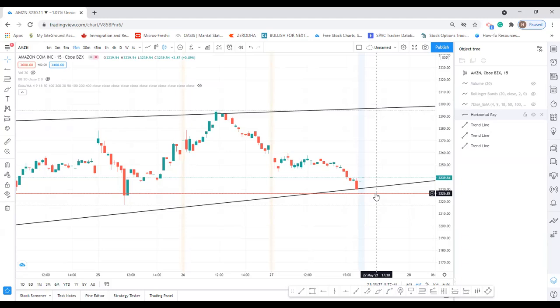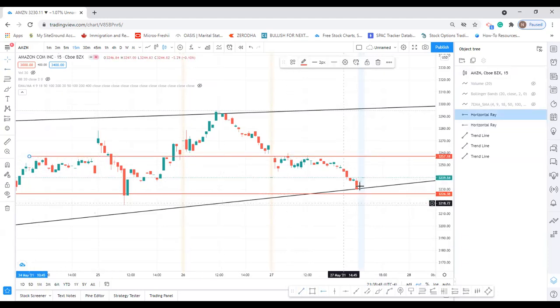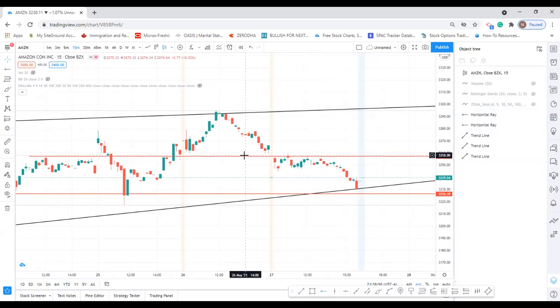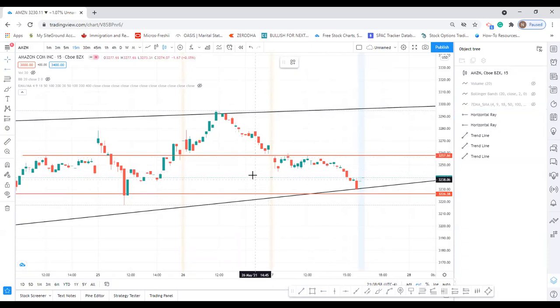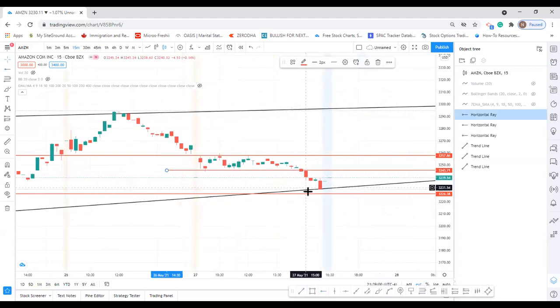AMZN, Amazon price. This is 3242 after this one. So the important resistance area will be this one. So 3257 area might come for Amazon. Before that one, this is a very important area as well.